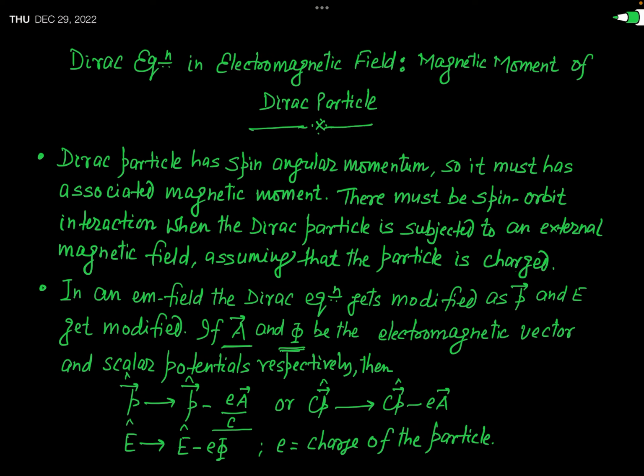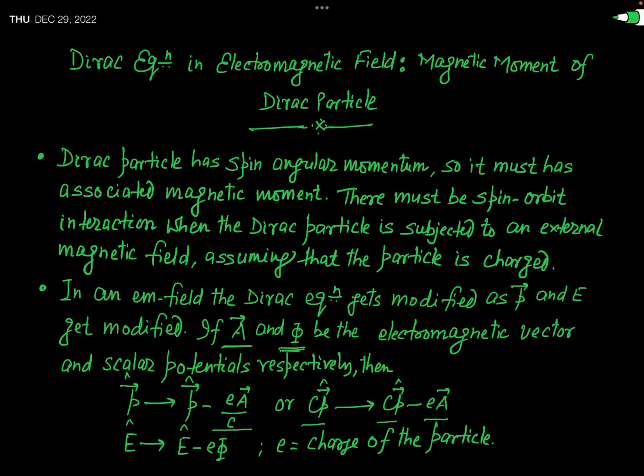And this result can also be written like this: cP becomes cP minus eA. I am not pronouncing this hat always. I will speak P, but that means P hat, because P is here not momentum, but the operator associated with momentum, because in quantum mechanics, all observables are always written in terms of the associated operator.